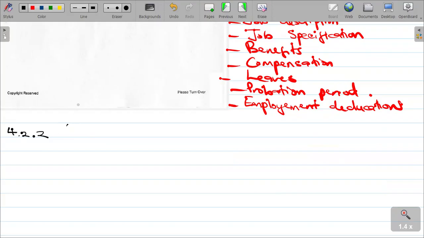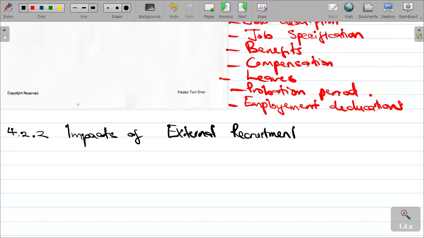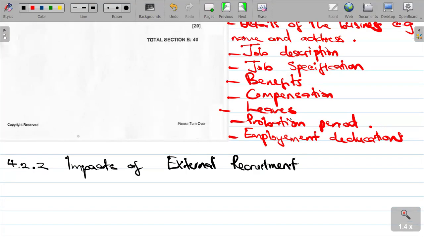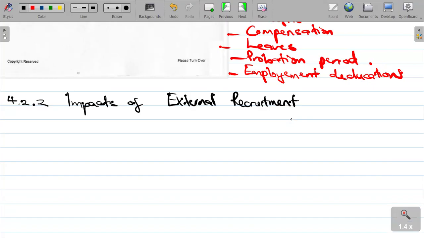So impact of external recruitment, right? You can find that new candidates who bring new talents.